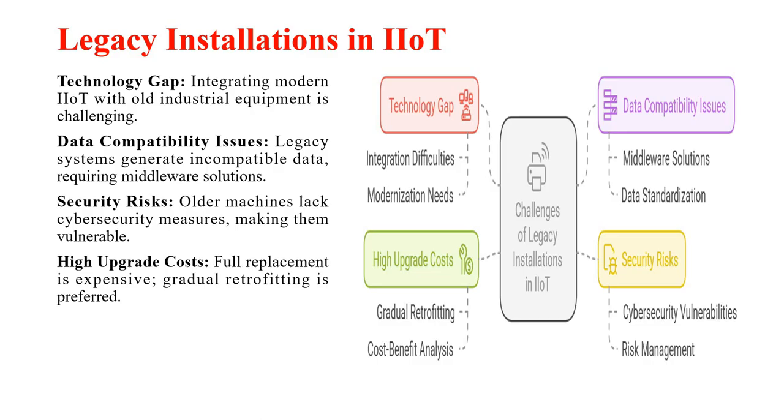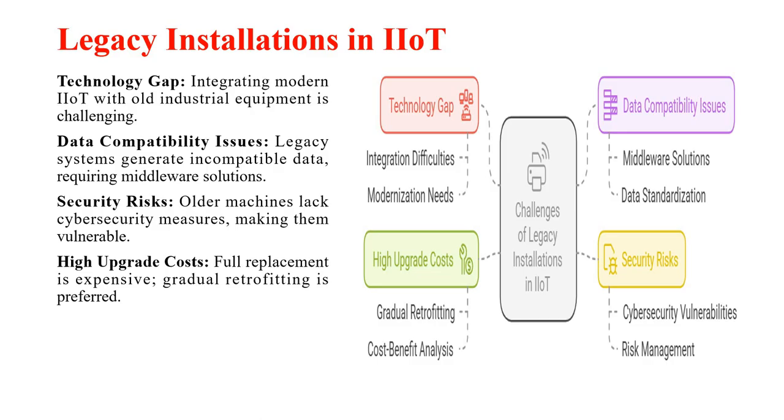Second is the data compatibility issues, where older machines will generate limited or incompatible data formats and make real-time analytics difficult. And also the need for protocol converters and middleware solutions to enable the data exchange. Then you have security risk, where the legacy systems lack modern cybersecurity measures and are vulnerable to cyber threats.